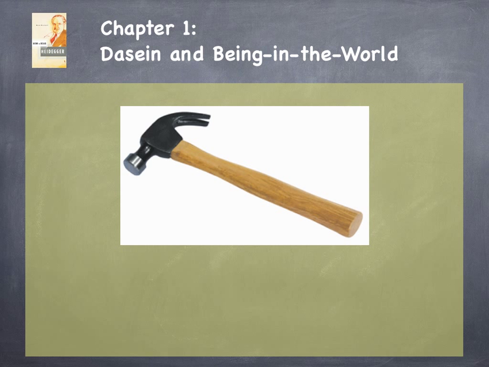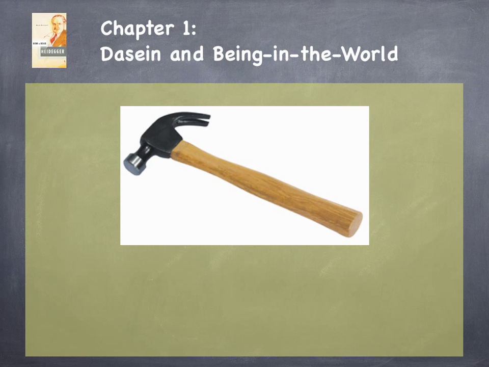All right, so let's review something. Humans are, period. Animals are, period. Well, hammers are, period. But as we've seen, Heidegger believes in a multiplicity of ways of being. The being of humans, the being of animals, and the being of things like hammers are not the same.